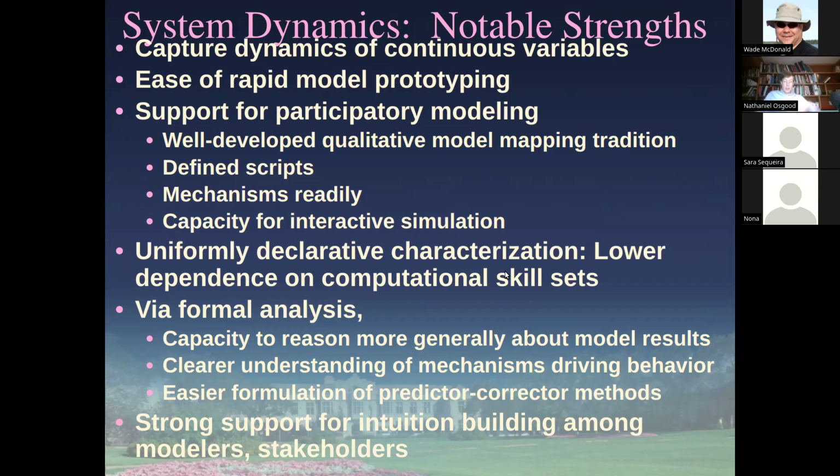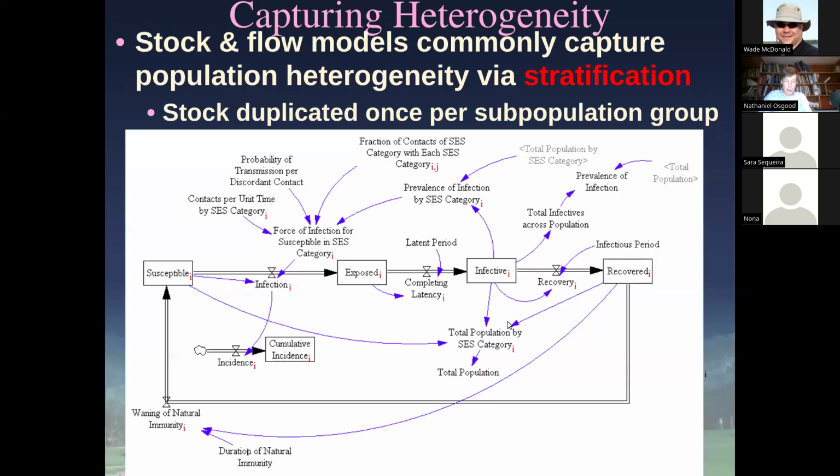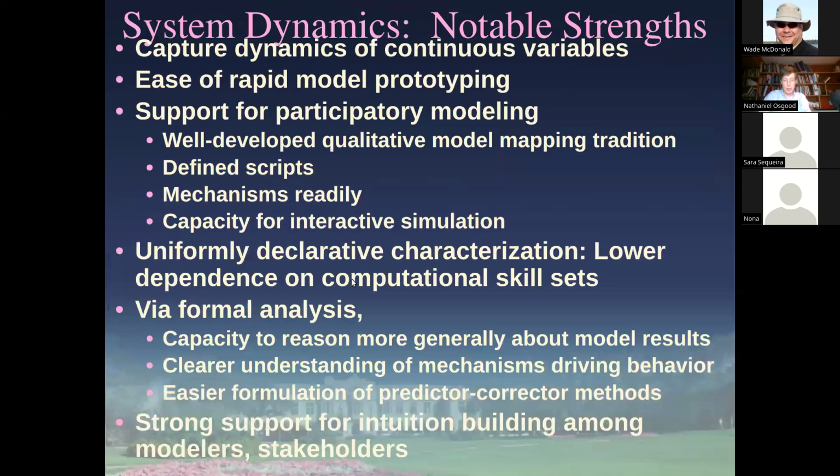We can understand which mechanisms within this model are driving behavior at any one point. To what degree is it being driven by recovery as compared to spread of infection? If we had a model of contact tracing, to what degree is that driving some of the dynamics seen in terms of number of new cases being reported, et cetera. And the strong support for intuition building.